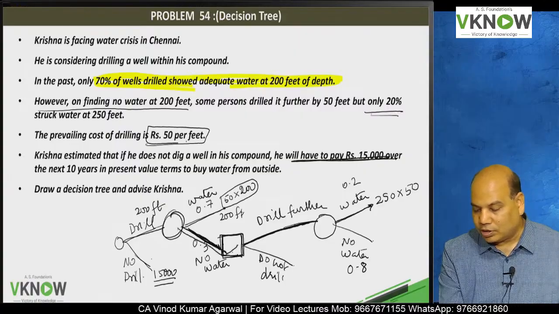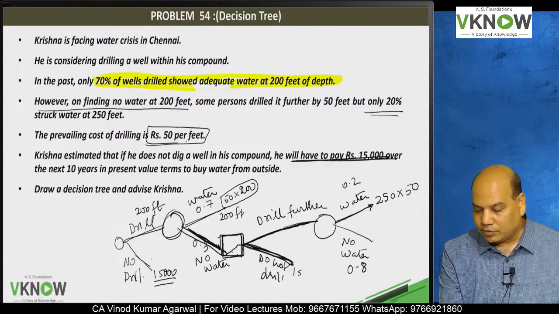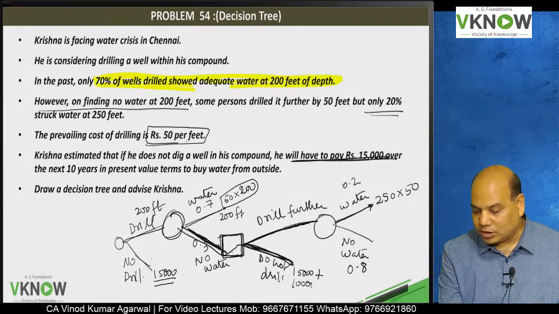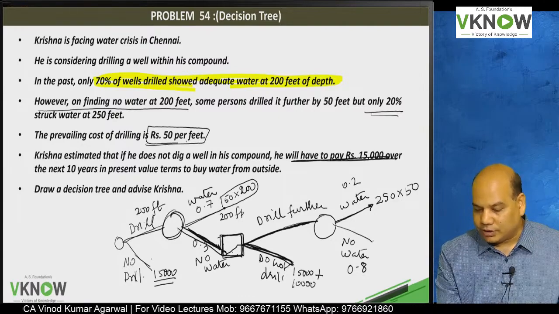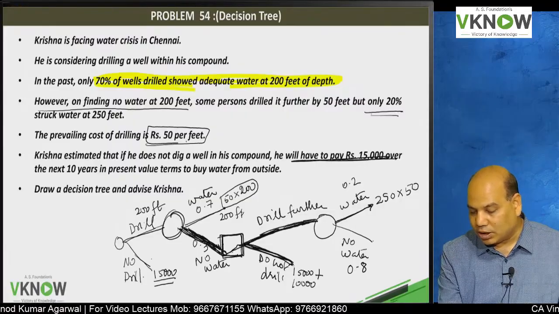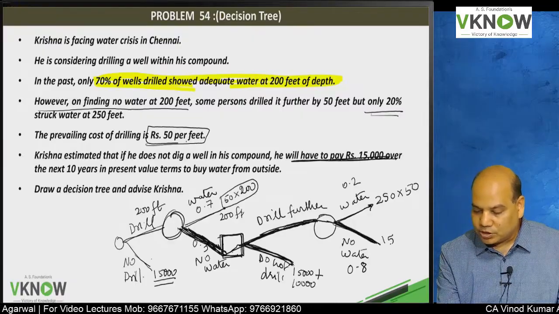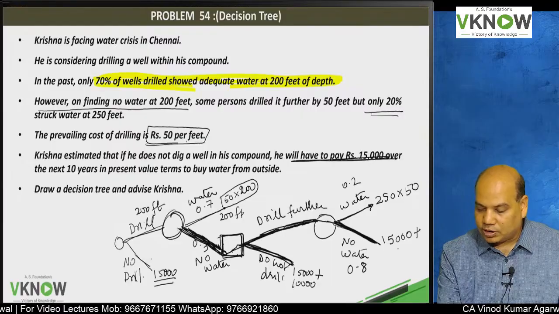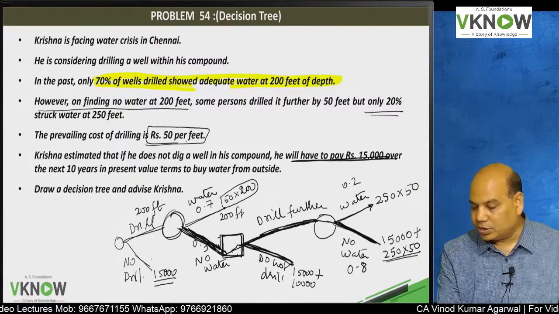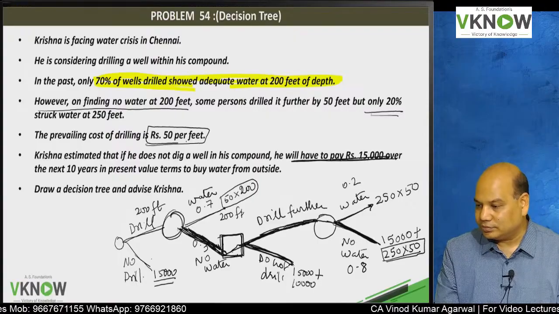If I do not get water and do not drill further also, my cost will be 15,000 I have to pay to the market, and 10,000 is the drilling cost of 200 feet. And my bad luck, I don't get water, I drill further and still I don't get water. I have to purchase water from the market for 15,000 and I have incurred 50 rupees per feet on drilling. So these are my costs at different levels.